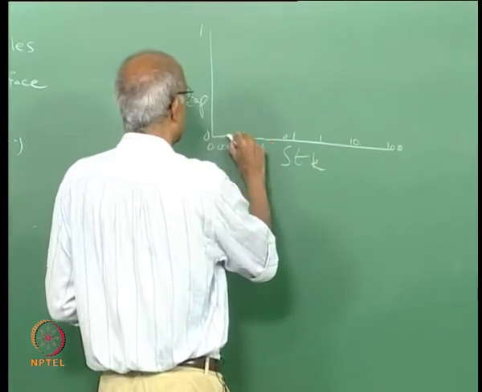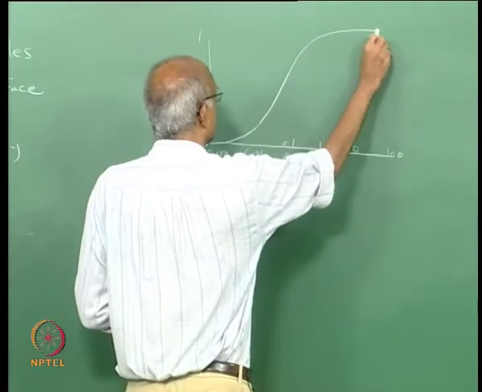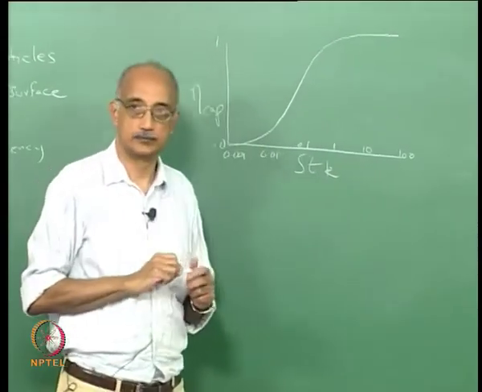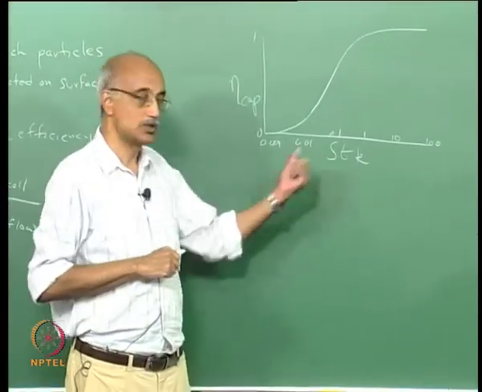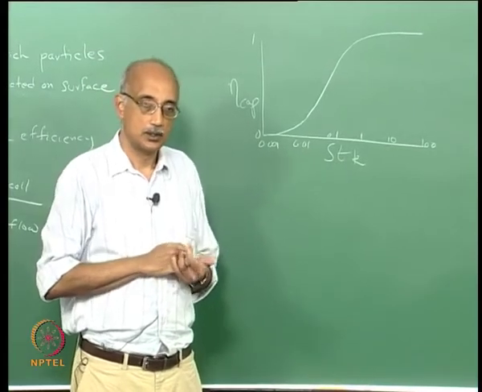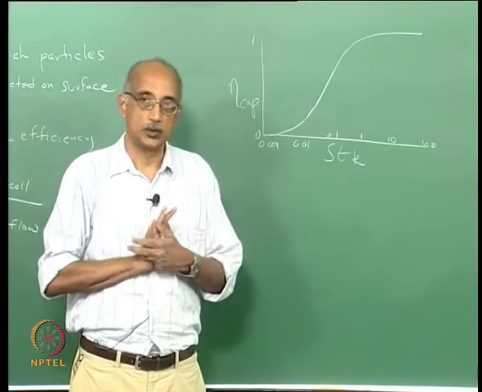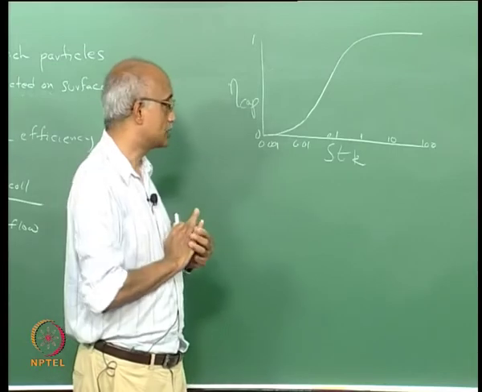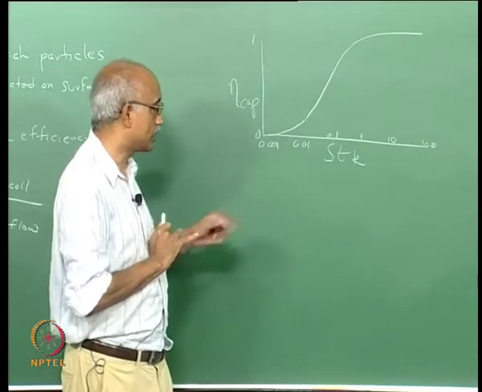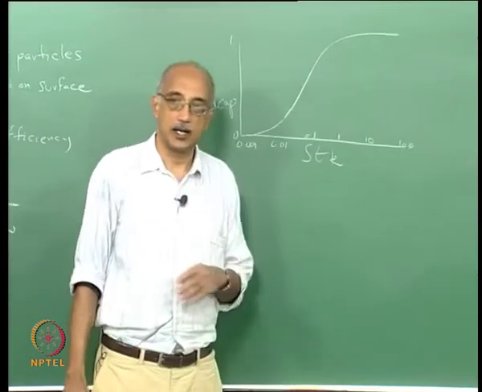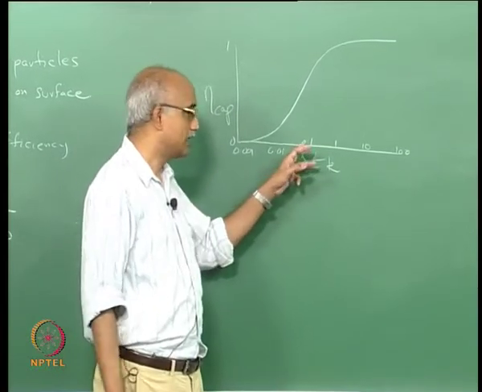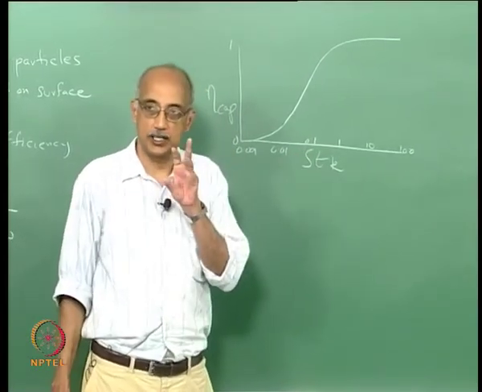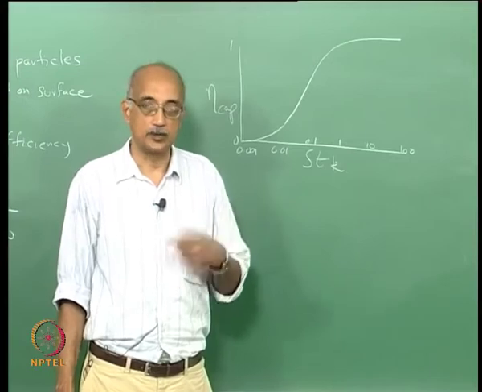So you'll see a behavior that looks like that. When you have very low Stokes numbers, the capture efficiency is actually very low as well. As the Stokes number increases, it undergoes a sharp transition to a high capture efficiency right around this critical Stokes number range where inertial effects come into play.